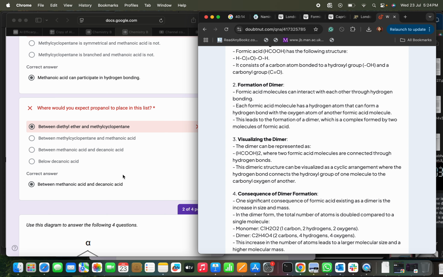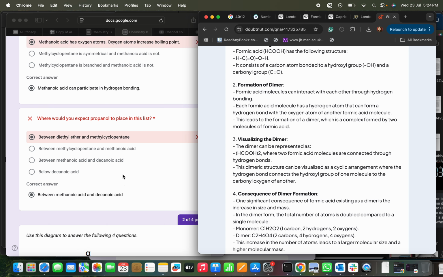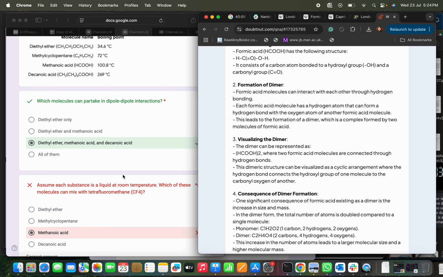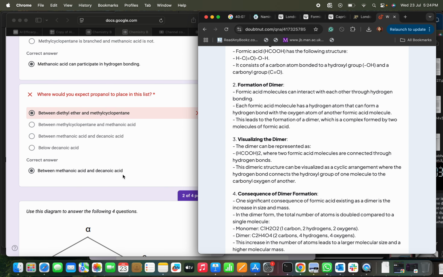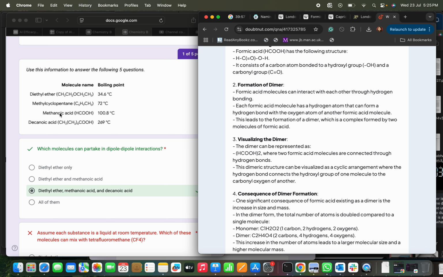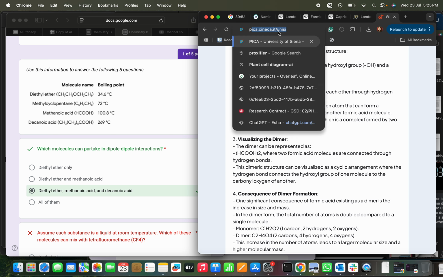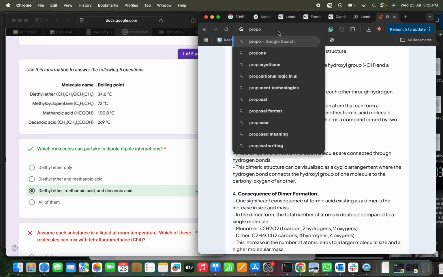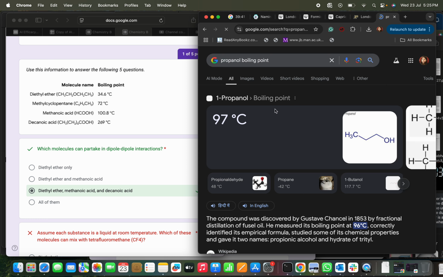Where would you expect propanol to be placed between methanoic and decanoic acid? Propanol. It's 97.